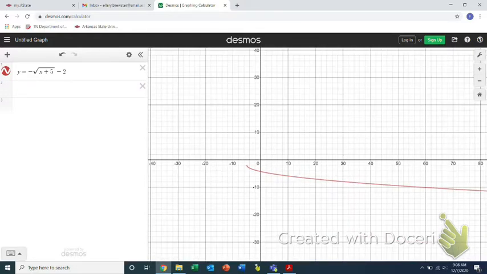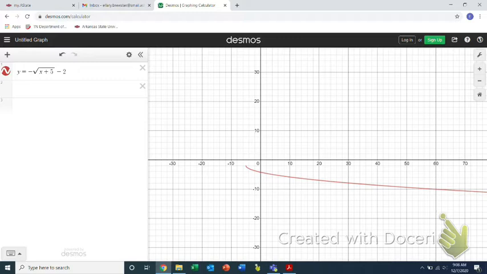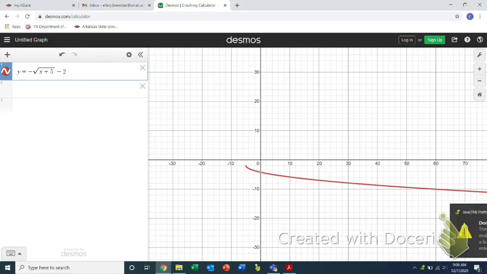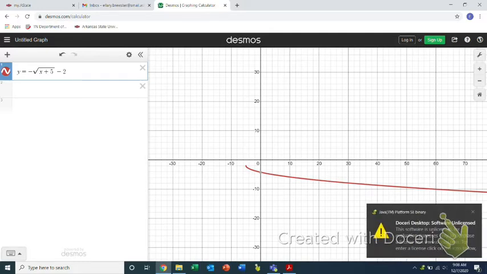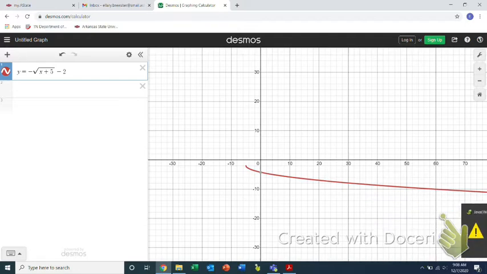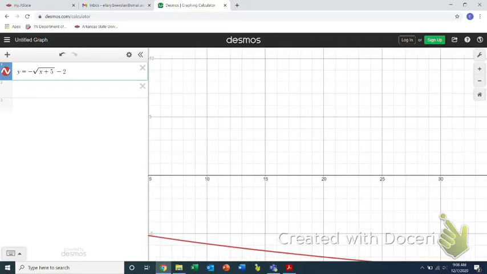We have to zoom out to find our graph. All right, here's our graph. Let me zoom in just a little bit.